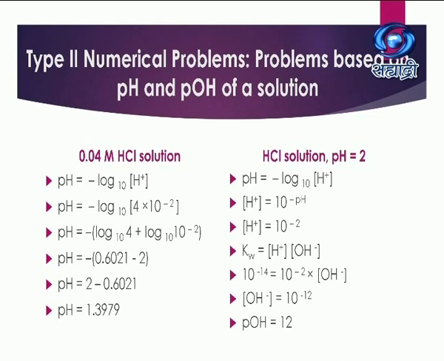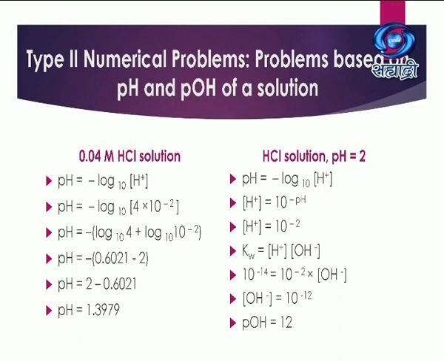But by the basic definition of logarithms, I can also write this as H plus ion concentration is equal to 10 raised to minus pH, isn't it? So with this simple relation, just substitute the given pH of 2, so H plus ion concentration is equal to 10 raised to minus 2.